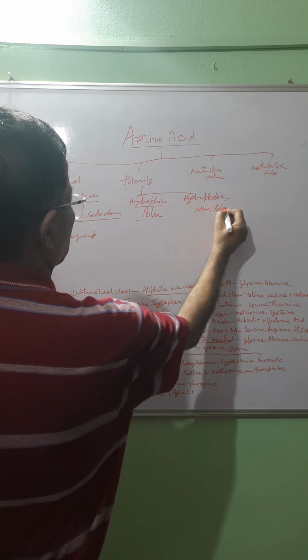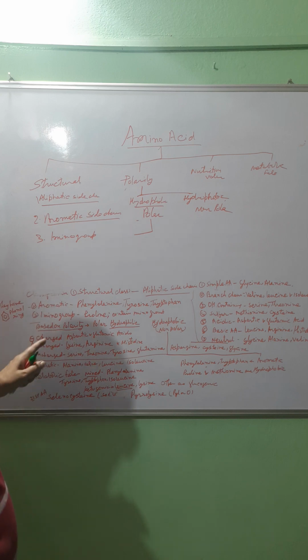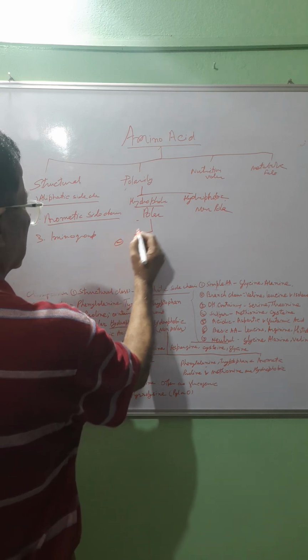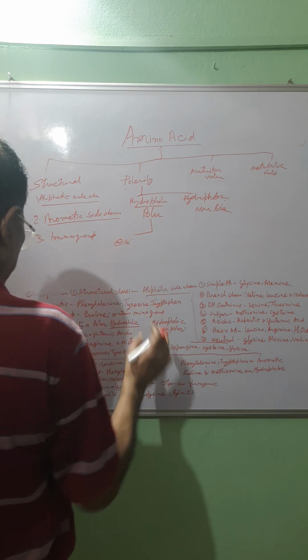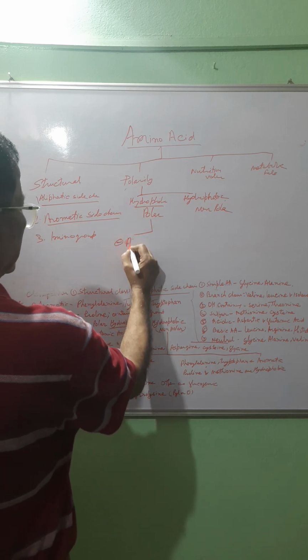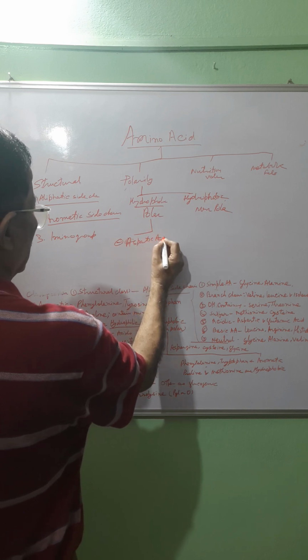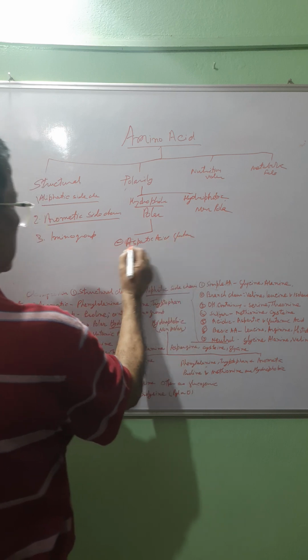Polar amino acids can be negatively charged, for example aspartic acid and glutamic acid. These are examples of negatively charged.